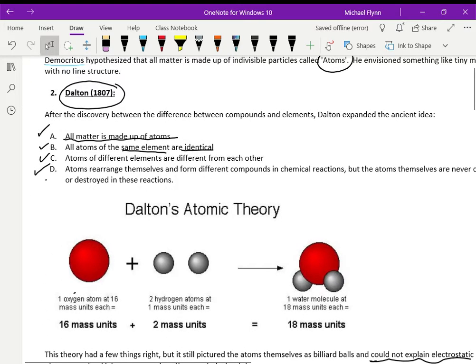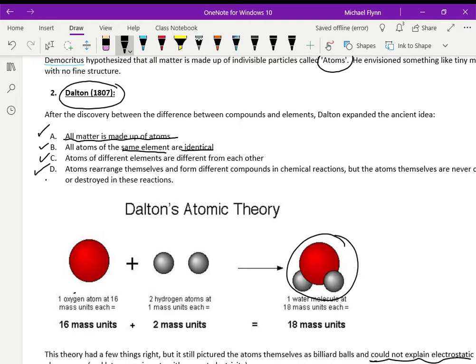So what he's saying is you can make water if you have hydrogen gas and oxygen gas. They can combine to form water, okay? And what happens is one unit of oxygen will combine with 2 units of hydrogen to produce the molecule we're familiar with, H2O. So here you can see what the atoms look like.